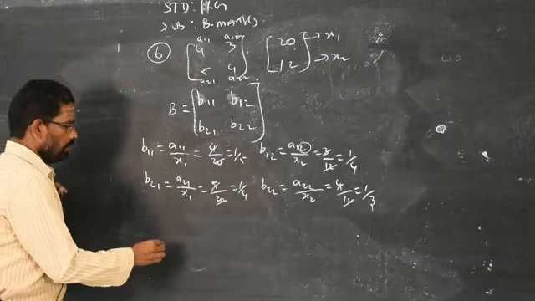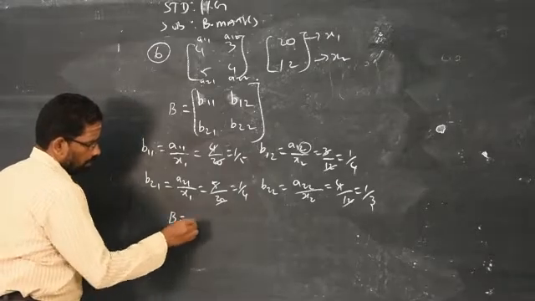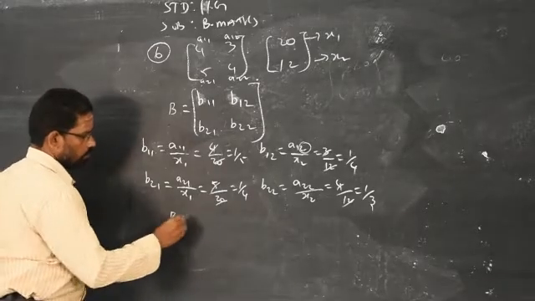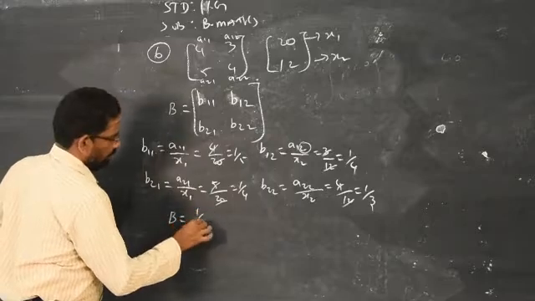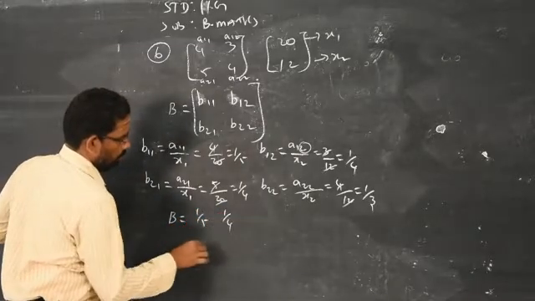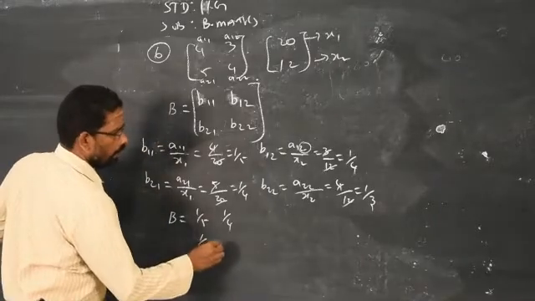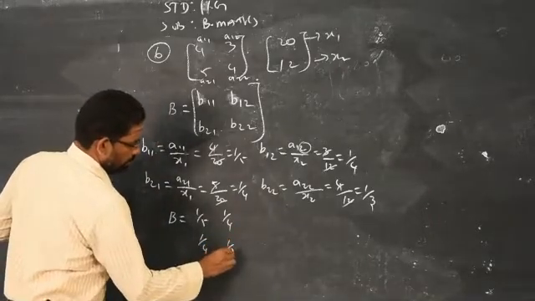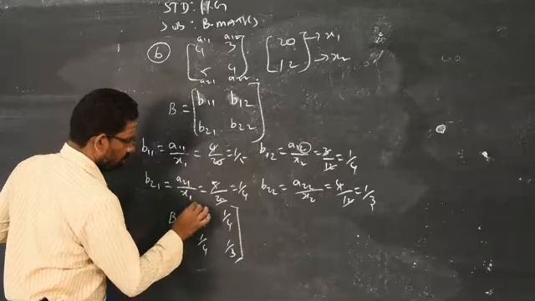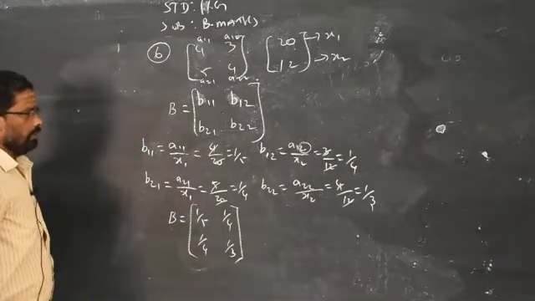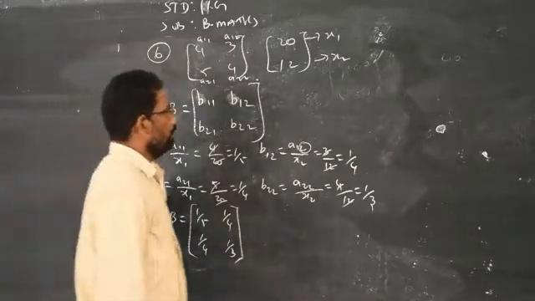Just substitute in the technology matrix B. Our technology matrix now becomes 1 by 5, 1 by 4, 1 by 4 and 1 by 3. So this is our technology matrix. What is the next step?